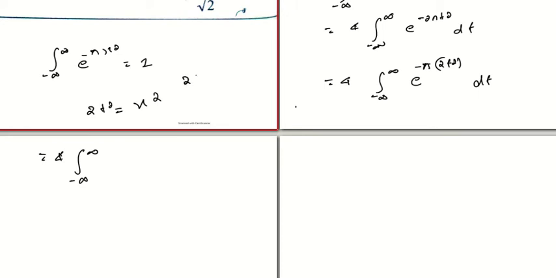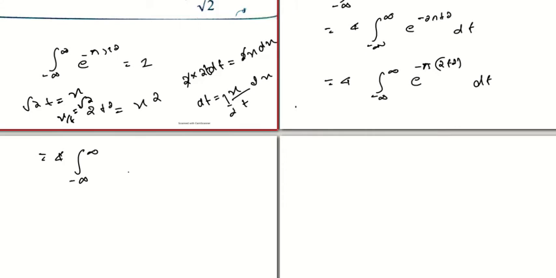So 2 into 2 dt equals 2x into dx, and dt can be replaced by x divided by 2 into x by t into dx. From here I will get root 2 t is equal to x, that is x by t equal to root 2.